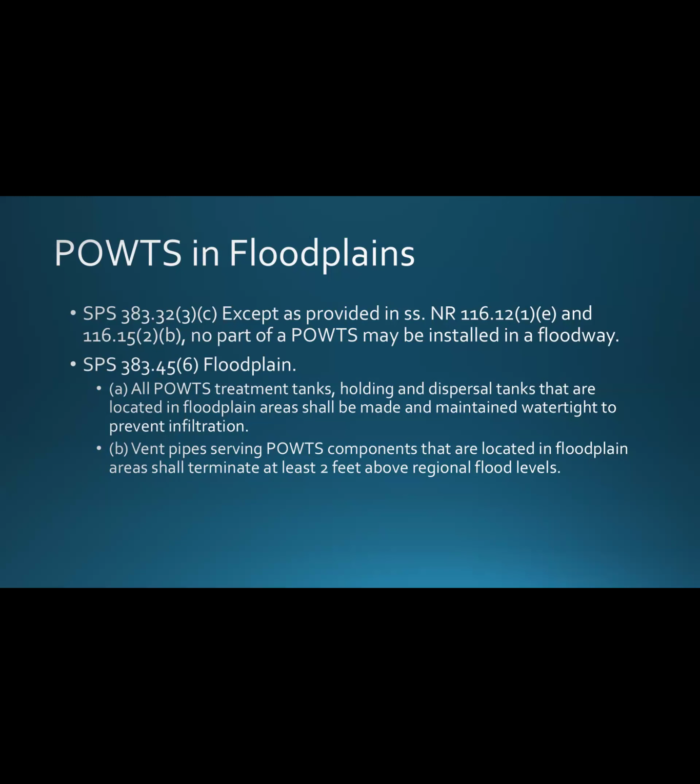Also, vent pipes serving POWTS components located in a floodplain have to terminate at least 2 feet above regional flood levels. So either the tanks have to be made watertight to prevent the infiltration, or we have to go 2 feet above regional flood elevation levels to make sure that we're not having any kind of infiltration into those systems.